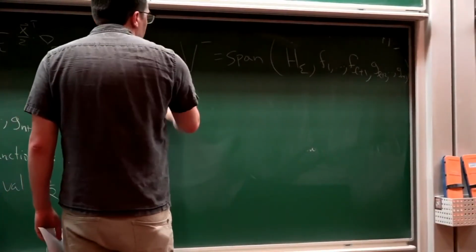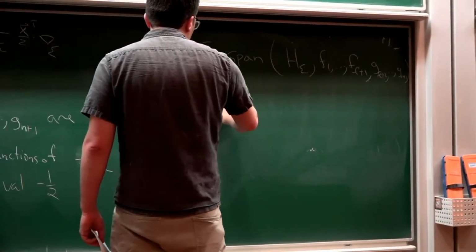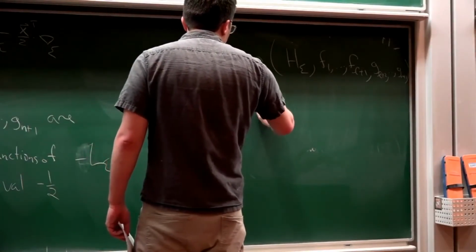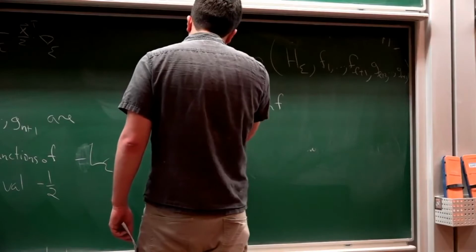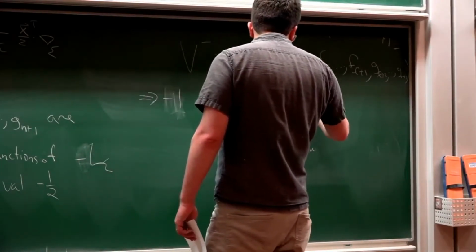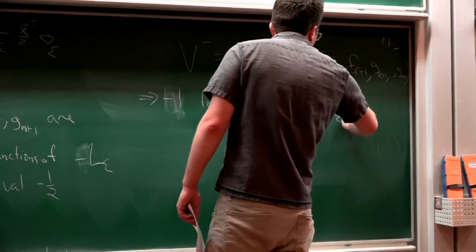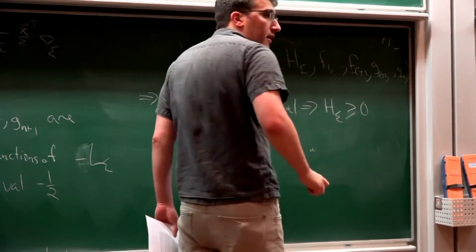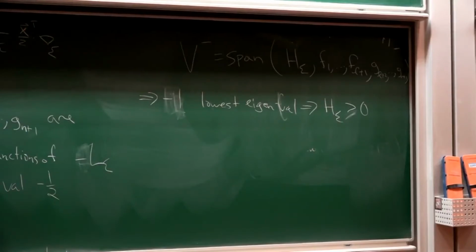In particular, this implies that minus 1 is the lowest eigenvalue, which implies that H sigma is positive, which is again the classification result for mean convex shrinkers. Okay, so that's how the proof goes.